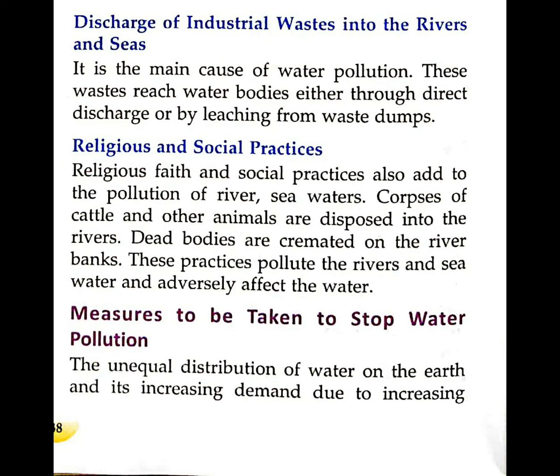Discharge of industrial waste into the rivers and sea is the main cause of water pollution. When industry throws its waste into the river, these wastes reach water bodies either through direct discharge or by leaching from waste dumps.